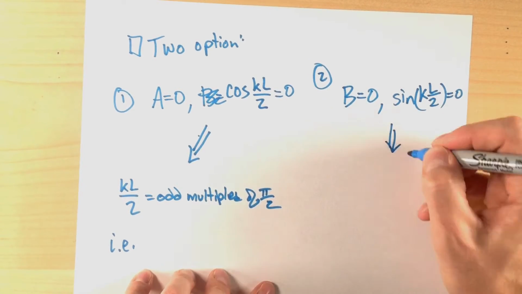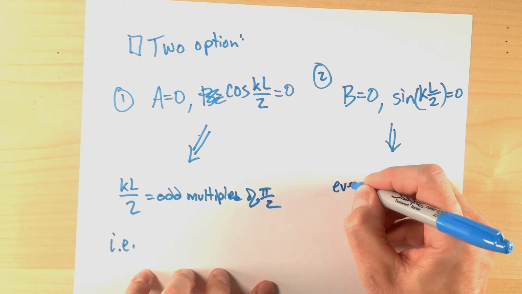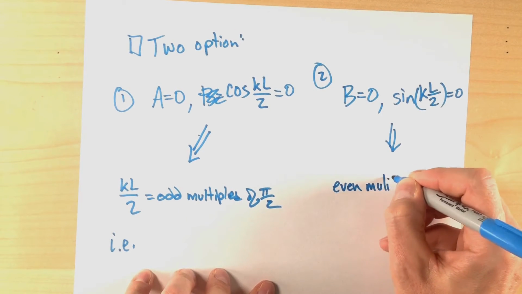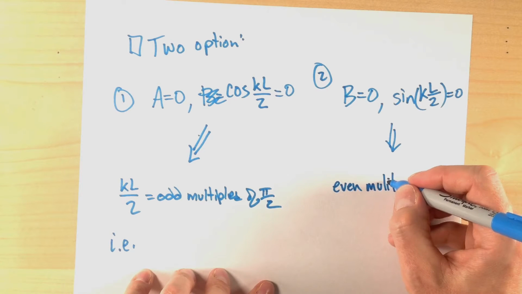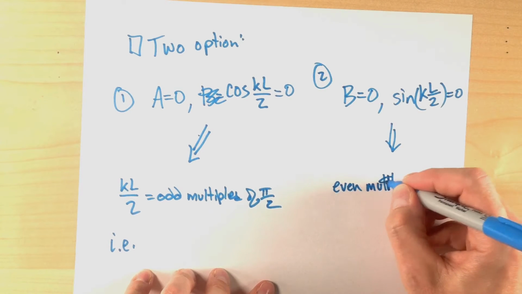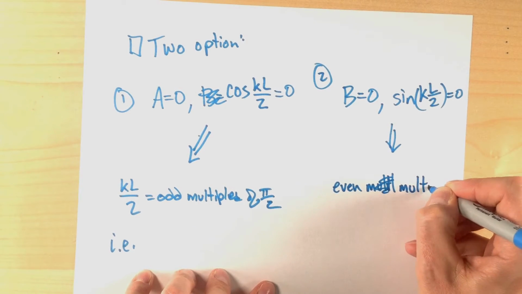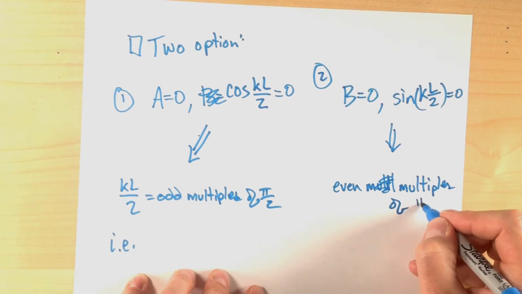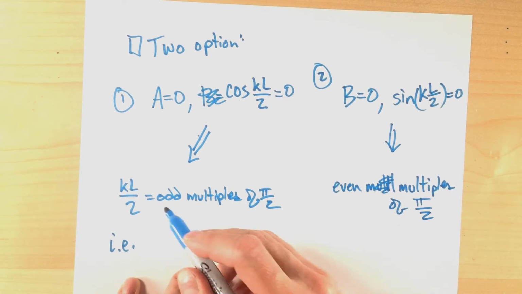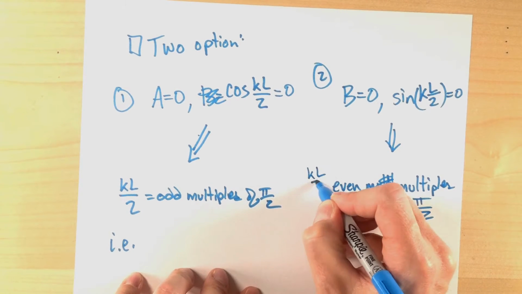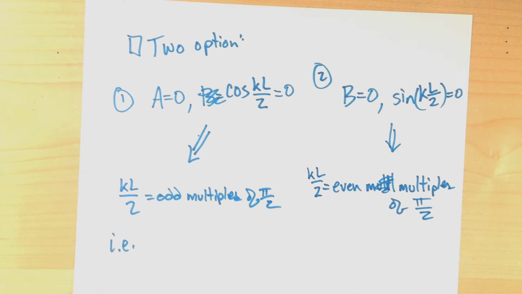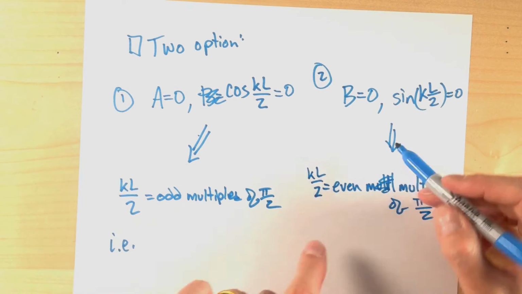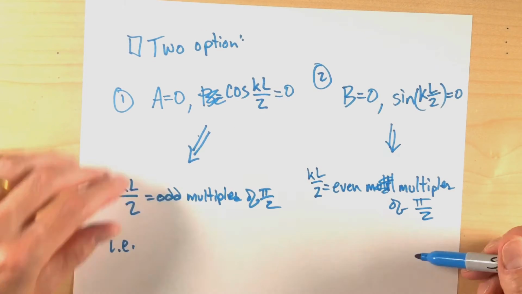And this means that even multiples of pi over 2 are equal to k times L over 2. And so we have all the odd multiples in this solution and all the even multiples in this solution.